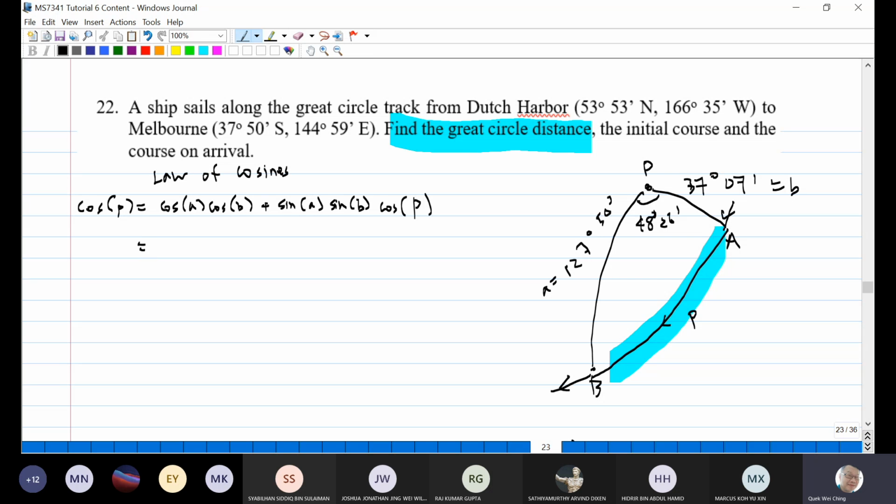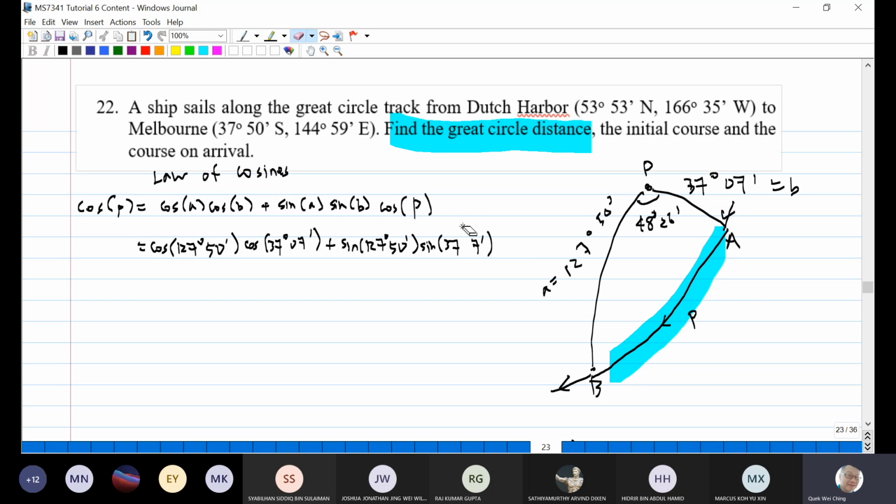So this is cosine of A, which is 127 degrees 50 minutes, B is 37 degrees 07 minutes, plus sine of 127 degrees 50 minutes, sine of 37 degrees 7 minutes.